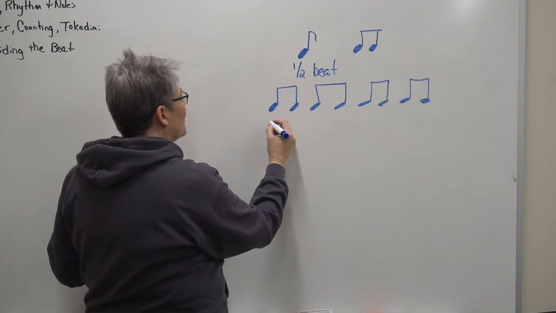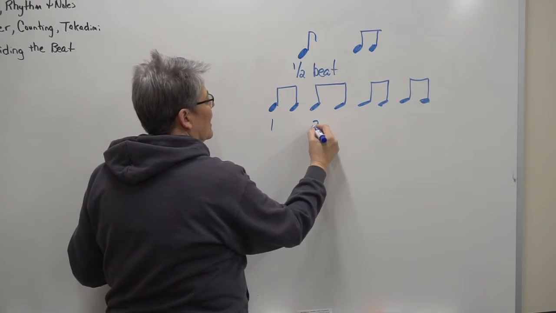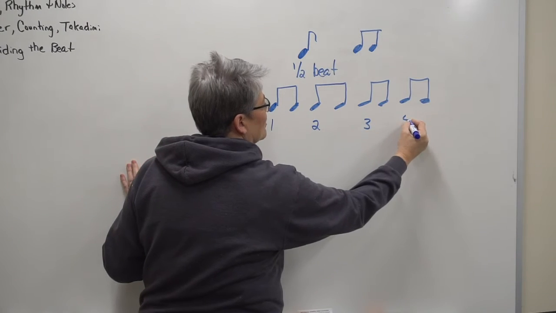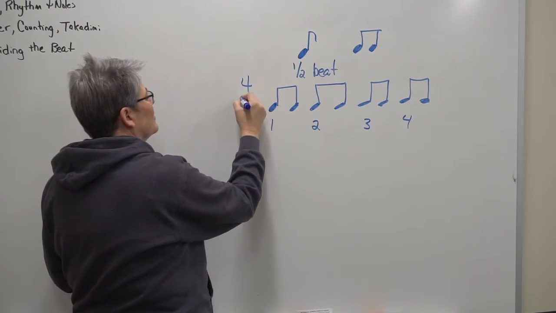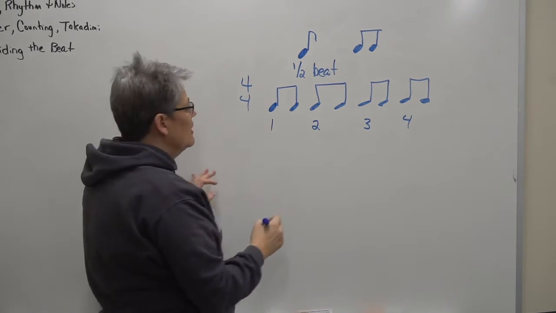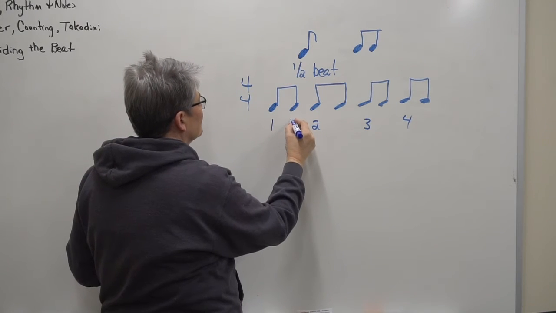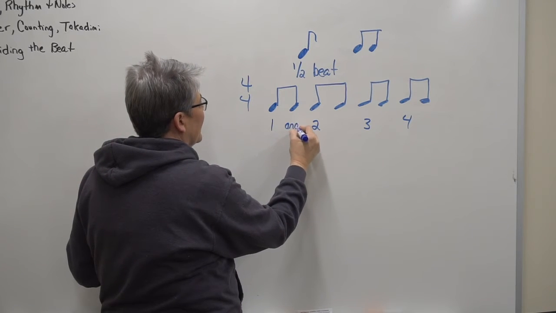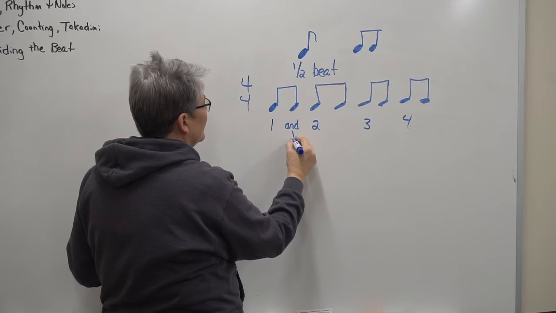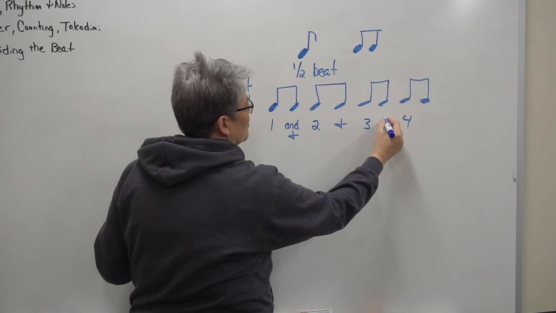So in the numerical system, I can go ahead and put my numbers here. Let's say this is a meter of 4/4, and then I'm just going to put either the word "and," or I like to use the ampersand symbol, much faster. I think some people even put pluses there.